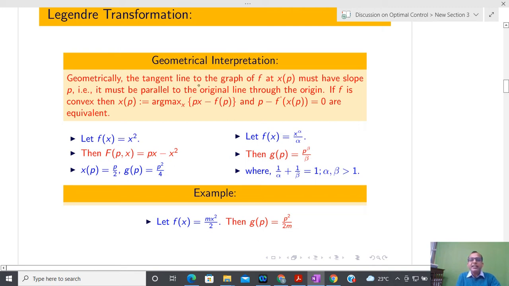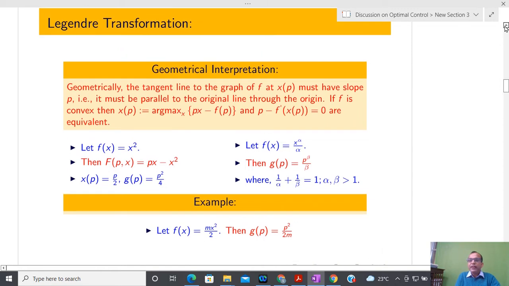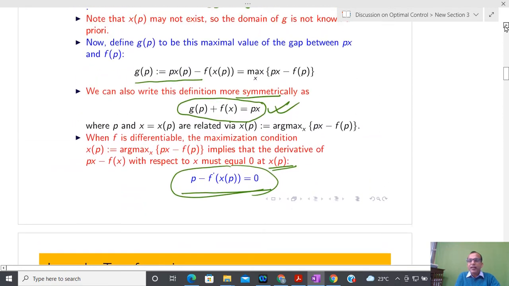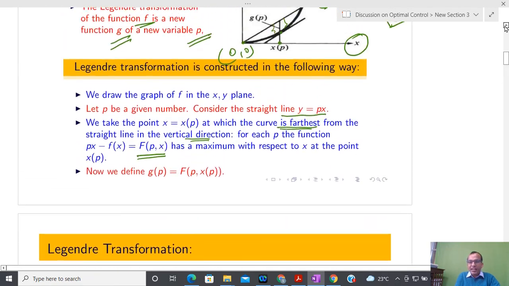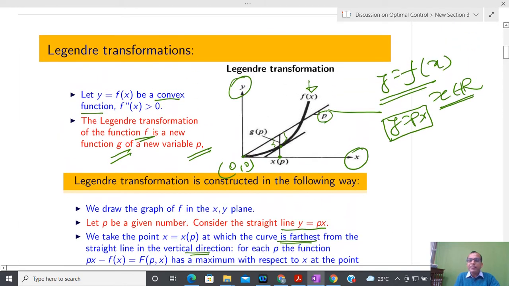Okay, so let us try to see the geometrical interpretation. Geometrically, the tangent line to the graph of f at x_p must have the slope p. Okay, so whenever we are applying this Legendre transformation, what we are doing is: I have a convex function, and I draw a line of slope p, where I can select any arbitrary value of p.